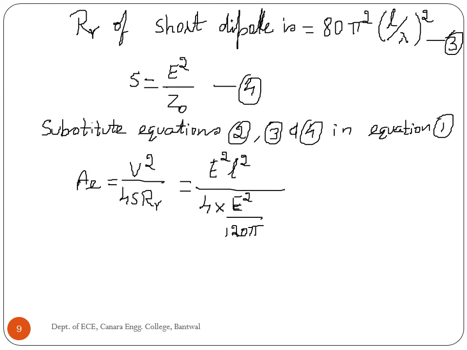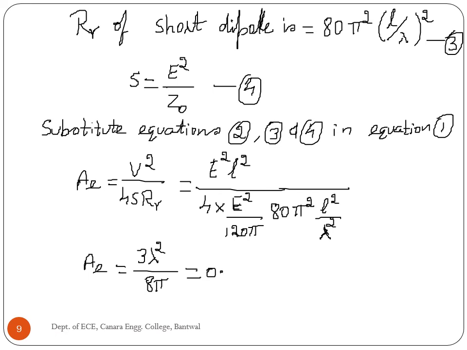Our radiation resistance of short dipole is 80 pi square L square divided by lambda square, which is equal to 3 lambda square divided by 8 pi, which is equal to 0.119 lambda square.